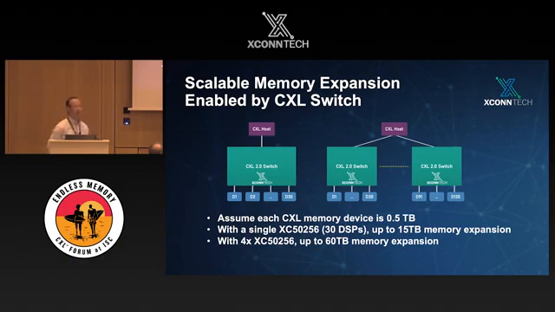If you use up all these 32 ports, you expand 32 DIMM channels, which immediately adds a lot of memory. So very simple case, our switch would enable this memory expansion tremendously to a very large scale. I won't explain the expansion further, but it's very simple to understand.